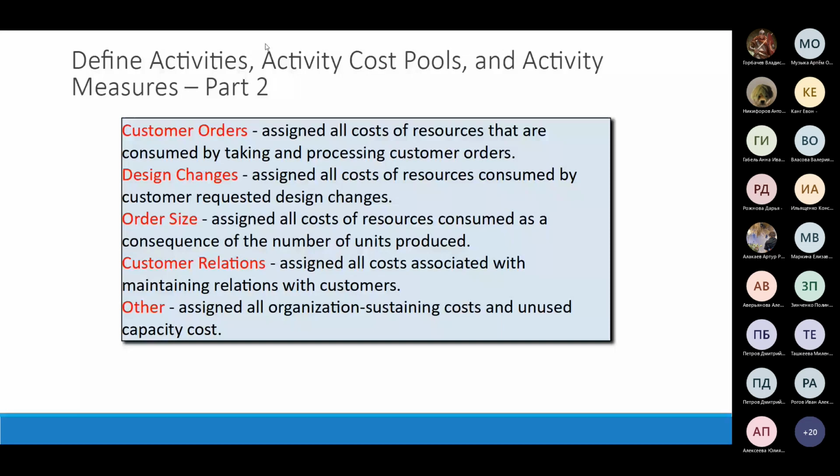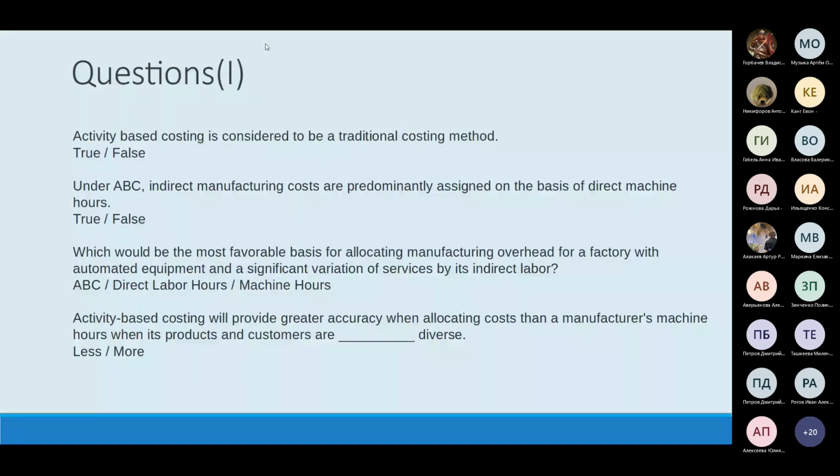So let's try to answer several questions based on the information you are provided with. How do you think, whether those first two questions are true or false?